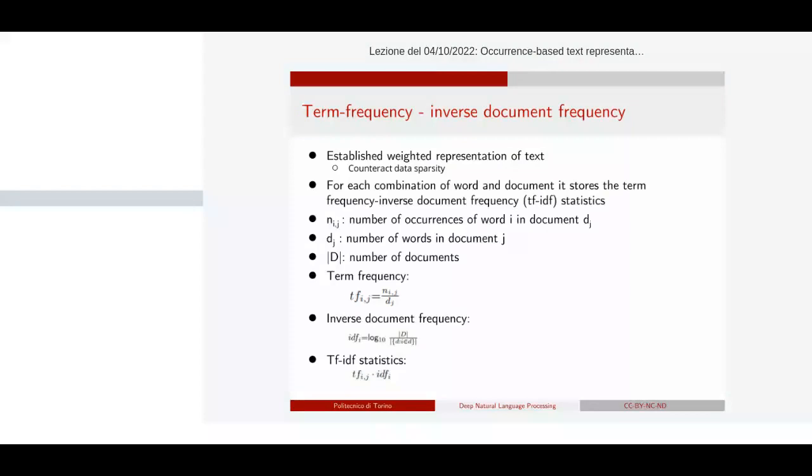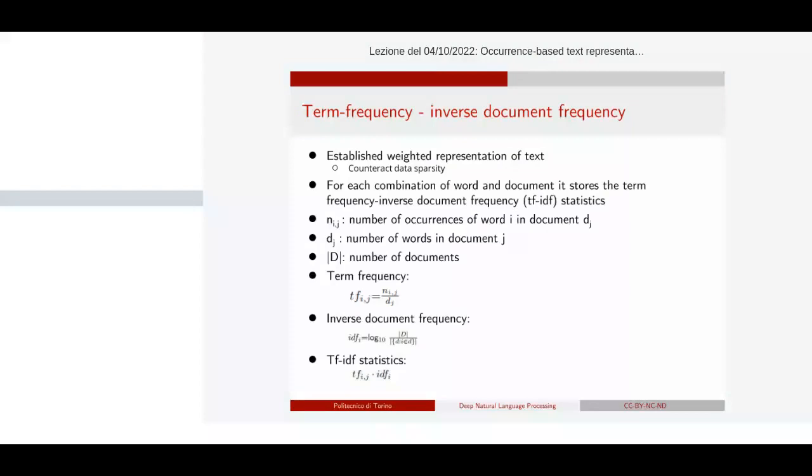The total is 2, because you count how many documents. Okay, so please pay attention to the formula. The term frequency, which is the local one, counts the number of occurrences of a word in a given document divided by the number of words in the document. So it's a normalized frequency. It's a relative frequency. Whereas the document frequency counts in how many documents that word occurs at least once.